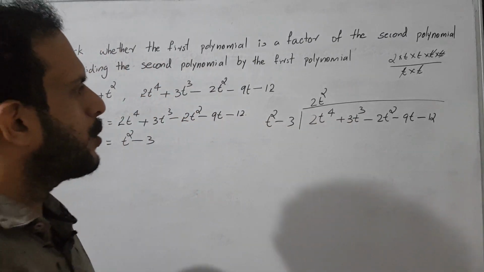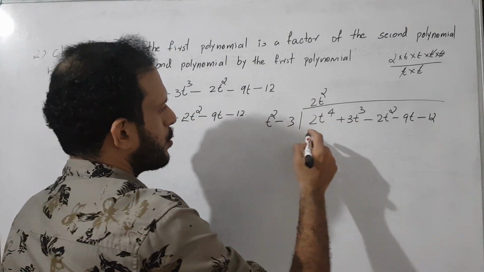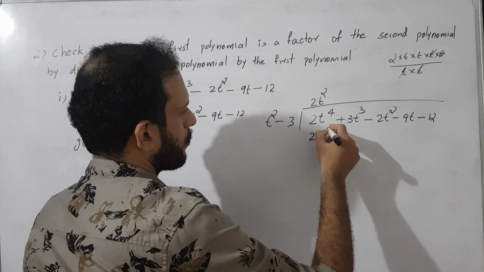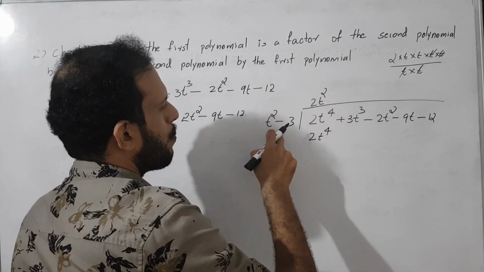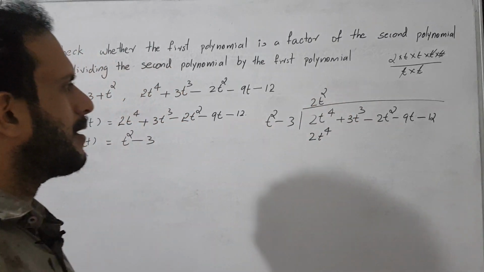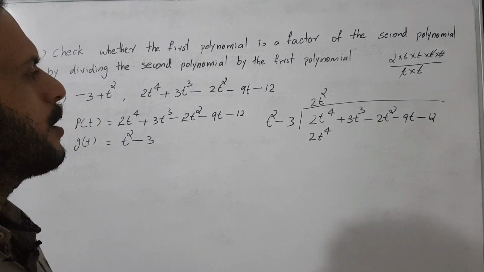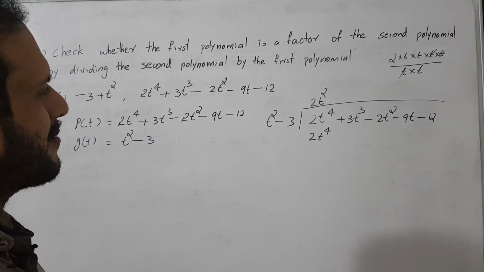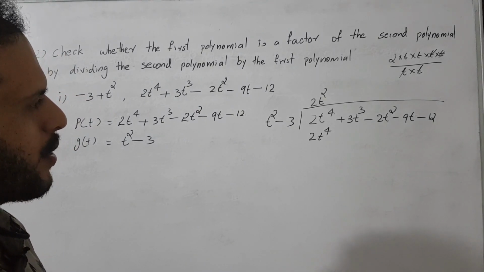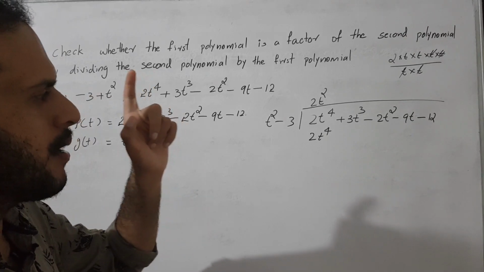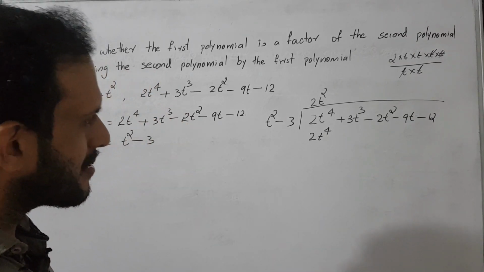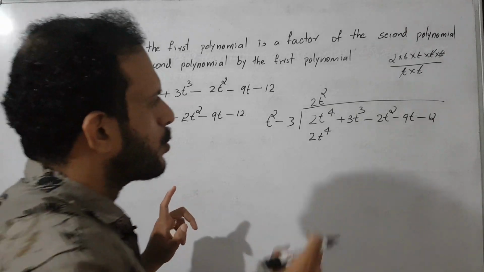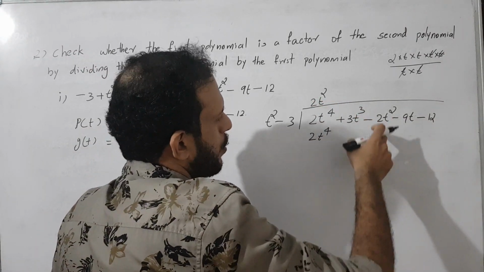Okay, then 2t square into t square, 2t raised to 4. Then 2t square into minus 3. What is 2t square into minus 3? 2t square into minus 3 is minus 6t square. Okay. Then remember minus 6t square you should write in the below of t square term.